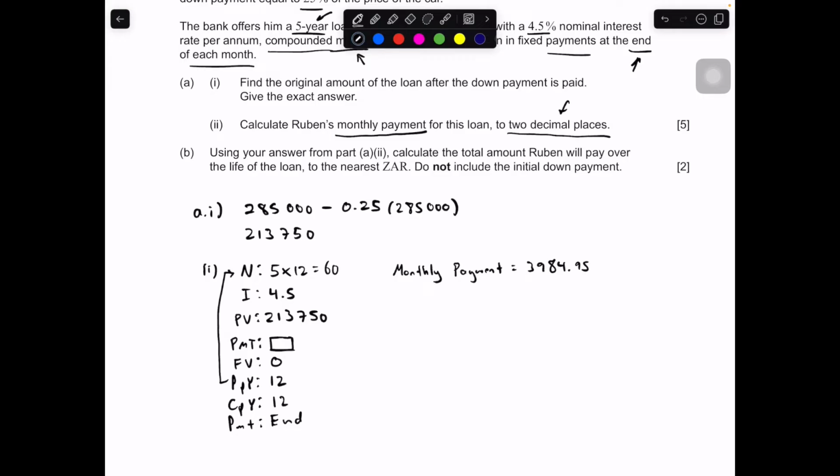All right, using your answer from part A2, calculate the total amount Ruben will pay over the life of the loan to the nearest Rand. Do not include the initial down payment. This is a pretty common question, and it's not actually all that bad.